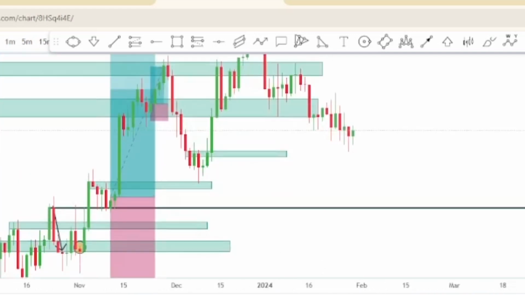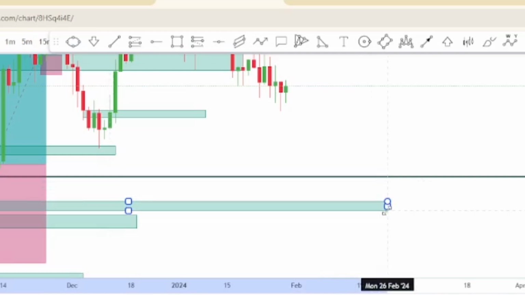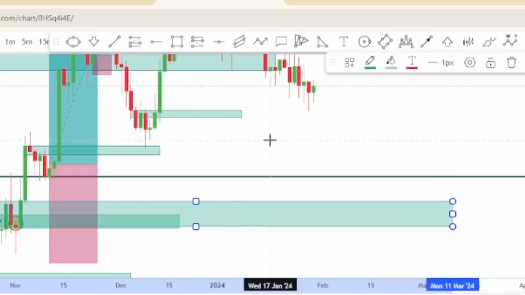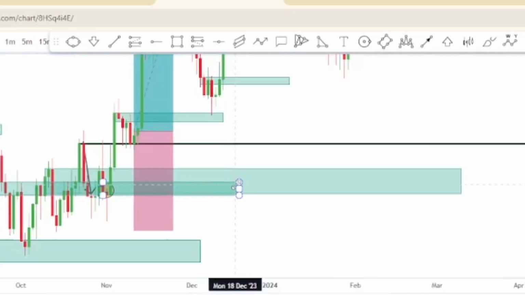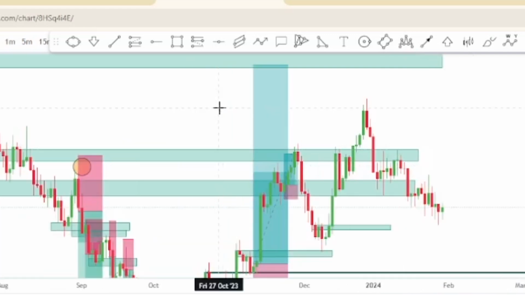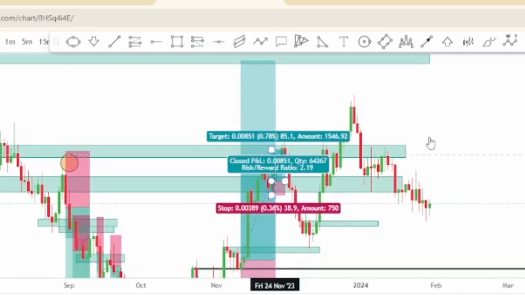Okay, so this is what I'm going to be doing now. I will wait for a stronger retracement, or a deep pullback, from this area. Let's take it together, I'm going to be looking at the same time. Remember, as long as you targeted those areas, it means that we have secured some profits.